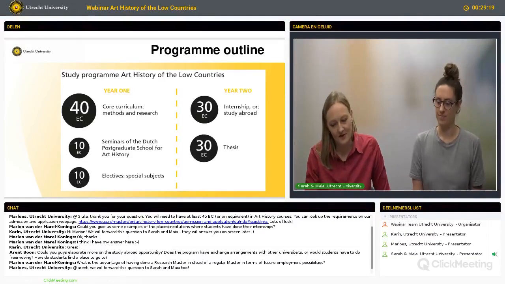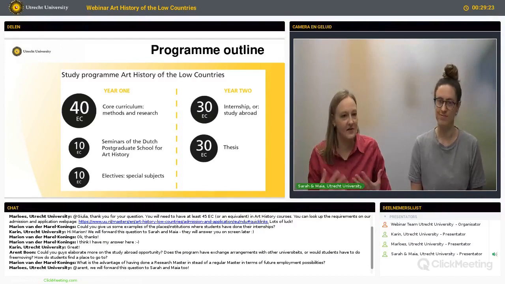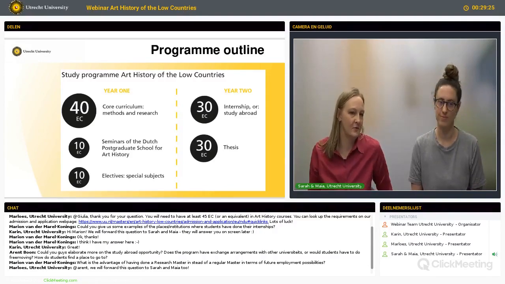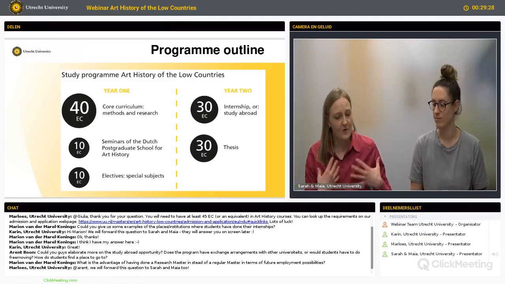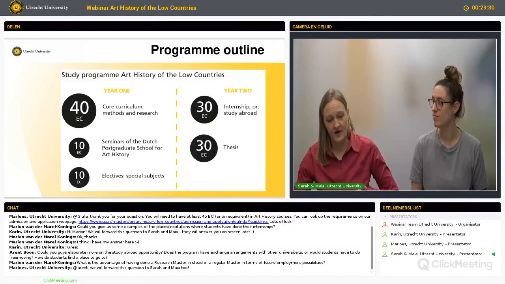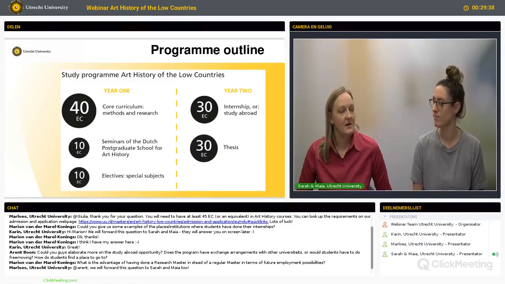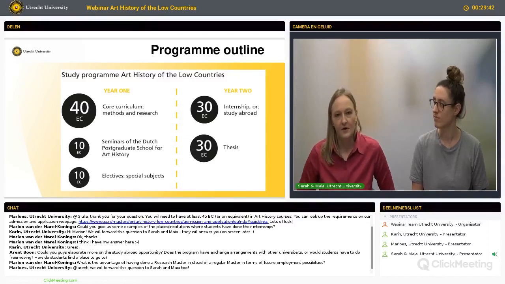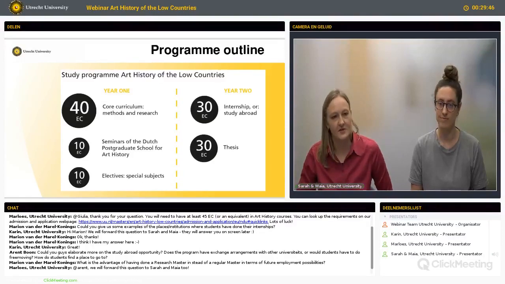So I think one very good thing about this program is that all of the independent work you're doing, including tutorials, the work that you're doing in your internship, and for your thesis, a lot of times these end up being published. So I'm working with a woman right now on turning her tutorial paper into an article for publication.